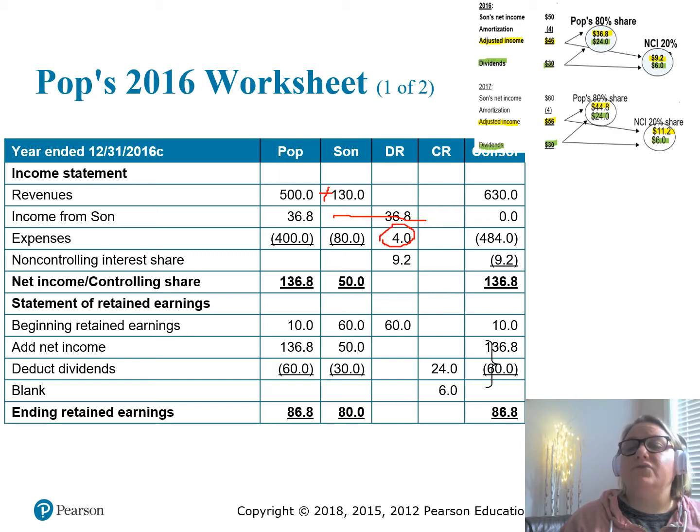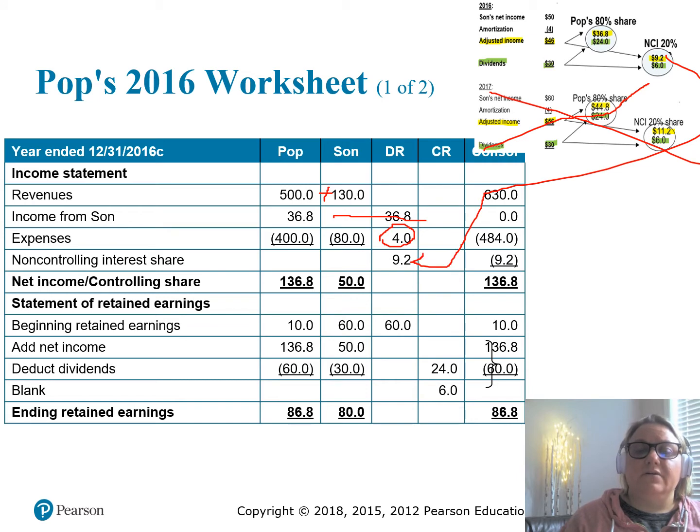The non-controlling interest share, again, I'm just going to wipe out 2017 so we don't accidentally grab it. The non-controlling interest share comes from this calculation, right? We're going to go ahead and take out the non-controlling interest share of the adjusted income.